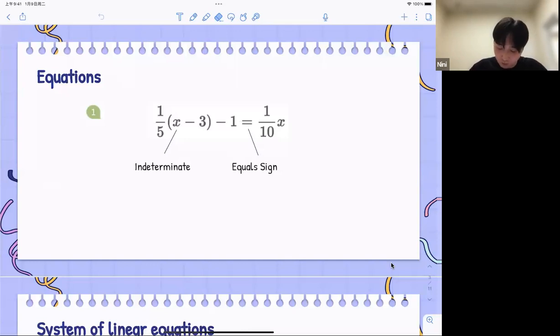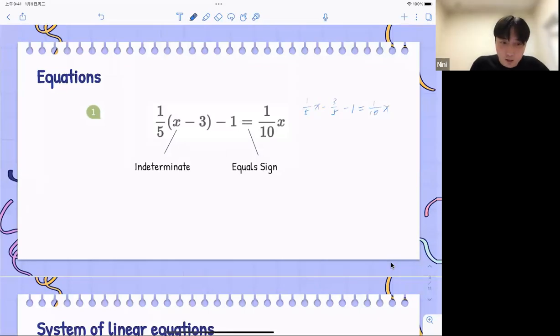So what we are going to do here is, I have 1/5, and we take that x out of the parentheses, right? And we get 3/5, okay? And we get a -1, which equals 1/10 x.